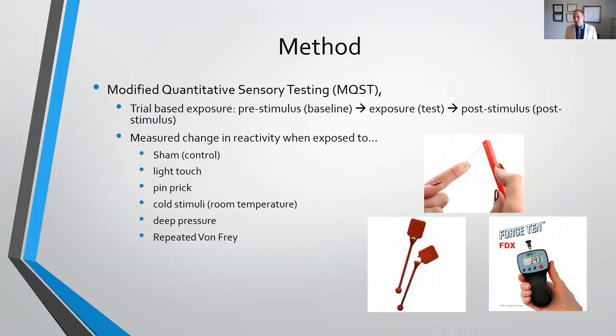We measured changes in reactivity when exposed to these stimuli that are listed here, and included a sham condition as the control. You can see some of our stimuli in this slide. There's a monofilament in the top picture, the pin prick, which did not break the skin, in the bottom left, and the deep pressure in the bottom right.